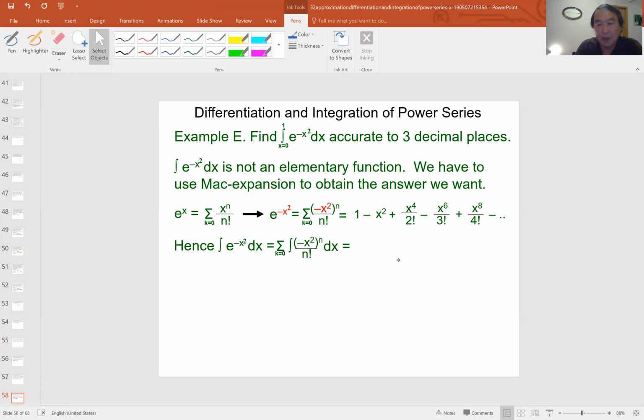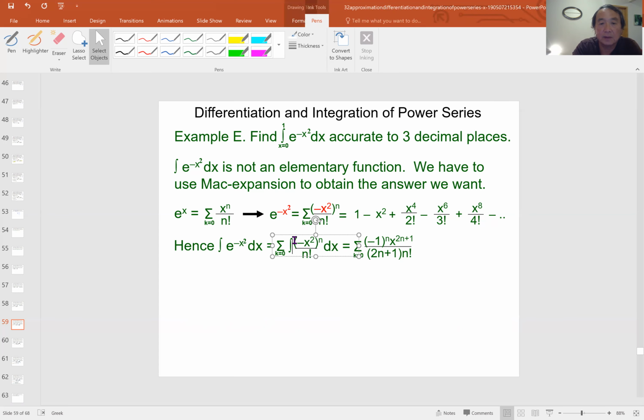I integrate the power series term by term. The degree is 2n plus 1, and then it is divided by the coefficient 2n plus 1. So that's the integral part. The n factorial is just a constant sitting there.